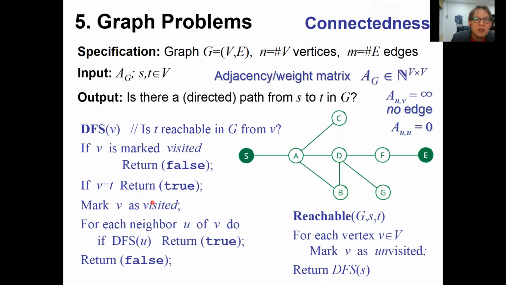This can be implemented by simply running this algorithm repeatedly for every possible choice of S and every possible choice of T. And since there are n possible choices for the start vertex among the n vertices and n possible choices for the target vertex among the n vertices, that means the overall running time of the adapted algorithm gets multiplied by n squared.